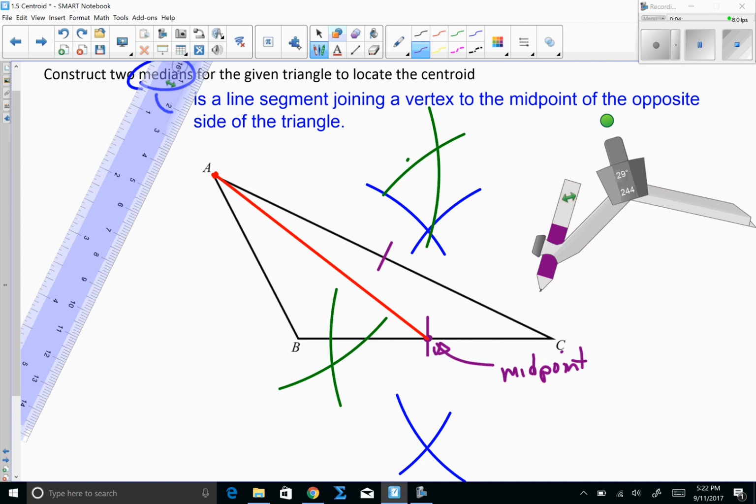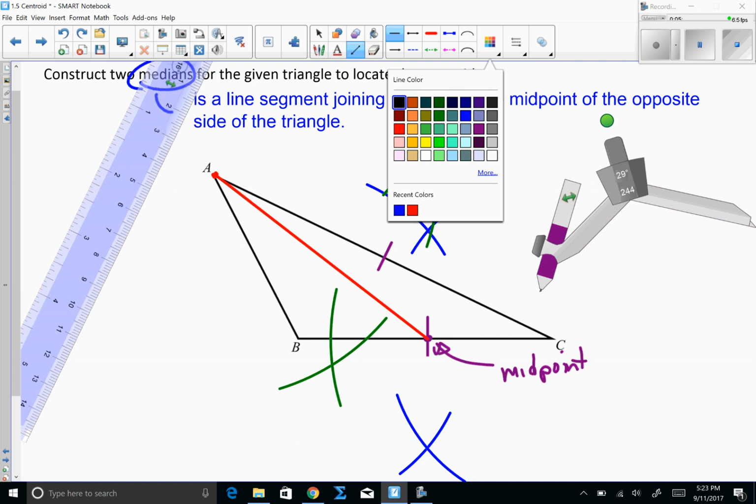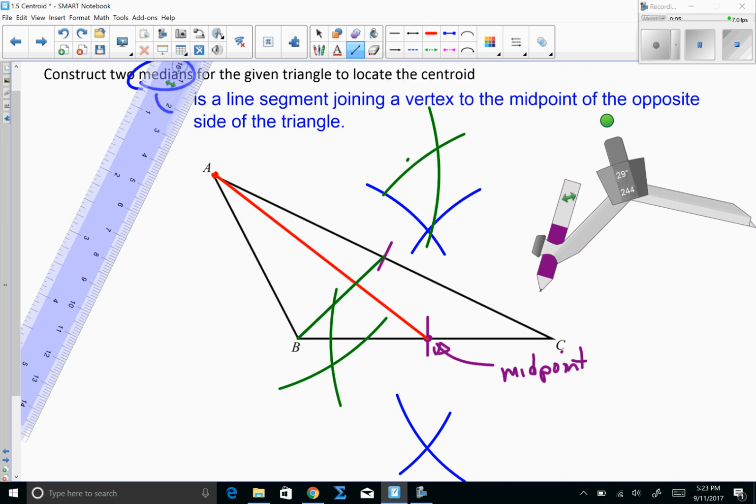So I'm now going to connect from B to that midpoint to create my second median. Again, I will use my little line tool. You're going to use your straight edge. Let's do this one in green here. So from here to here is my second median. This point here, I'll do in yellow. That right there is my centroid.